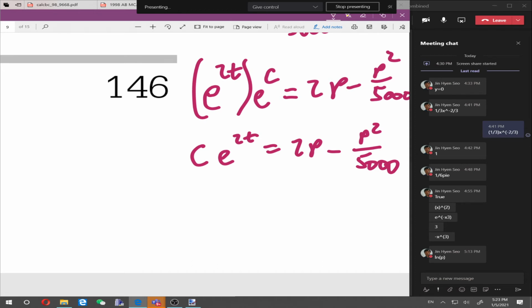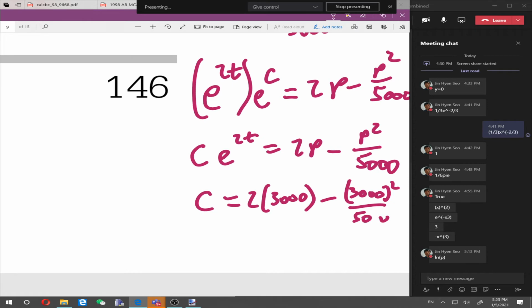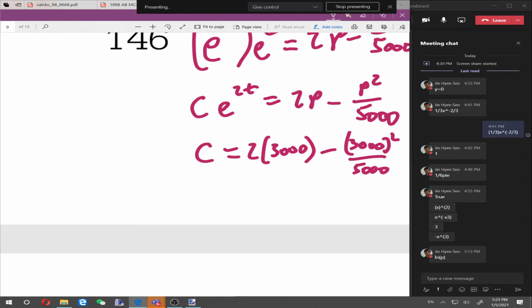So when t is 0, this will be c times e to the 0 power, which is 1, is equal to 2 times 3,000 minus 3,000 squared over 5,000, or 6,000 minus, this is 3,000 times 3,000, so that's 9 with 6 zeros afterwards, over 5 with 3 zeros afterwards is a 9 with 3 zeros over 5.